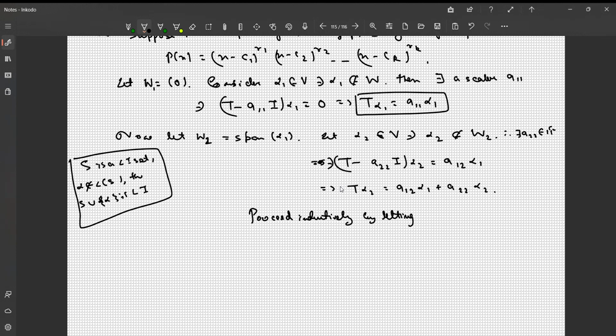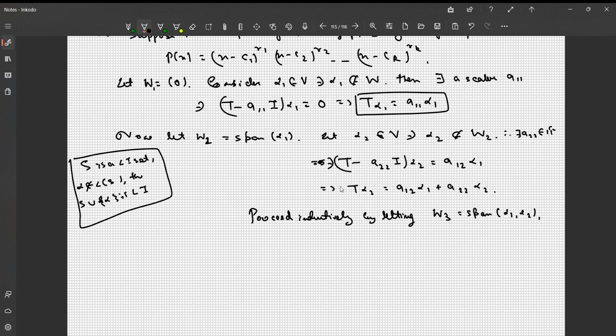Is it clear? So if I proceed inductively, by letting W3 be the span of alpha 1 and alpha 2, we will again find that W3 is T invariant.